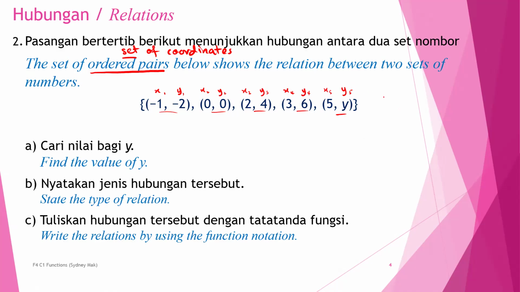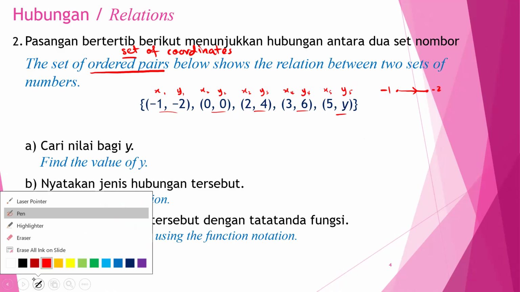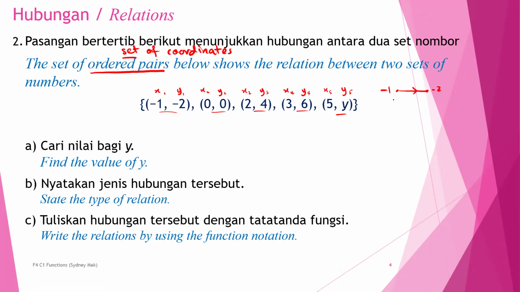You can also transfer it back to the arrow diagram. -1 maps onto -2. 0 maps onto 0, 2 maps onto 4, 3 maps onto 6, and then 5 will map onto what number here?